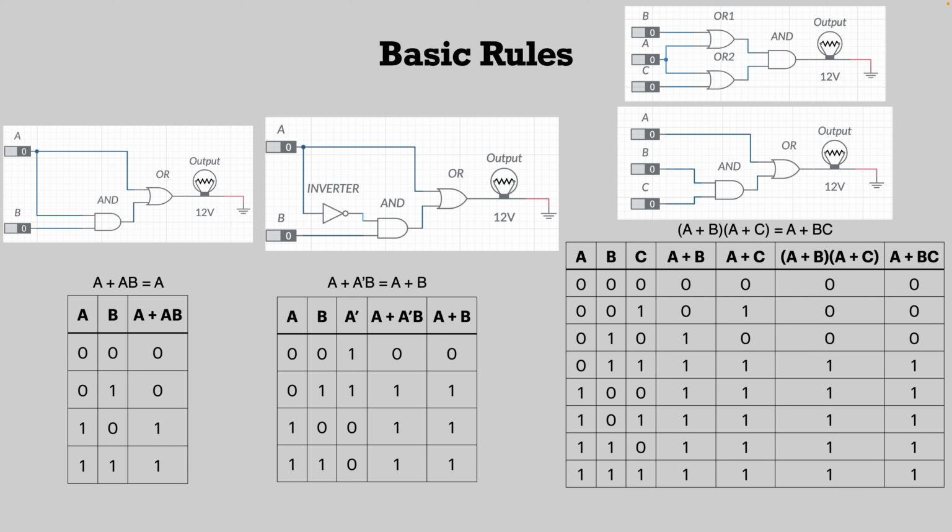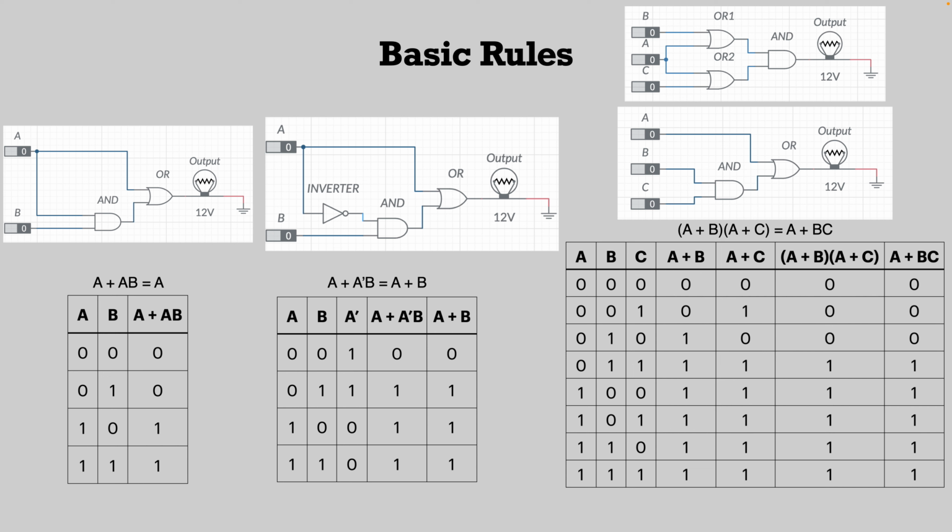In the middle, we have A OR (inverted A AND B), and that's equivalent to A OR B, which is basically just getting rid of the inverted A in the second term. Again, if you look at the truth table, the last two columns are the same, so that's why it simplifies like that.